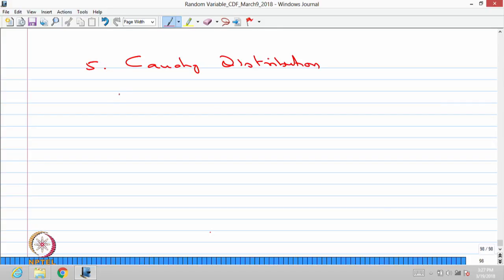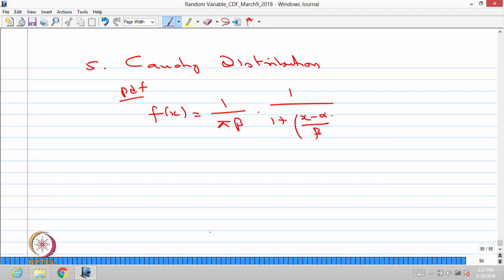This is also continuous type, and the probability density function is of the form f of x equals 1 divided by pi times beta, multiplied by 1 divided by 1 plus x minus alpha divided by beta, the whole square, where x lies between minus infinity to infinity.